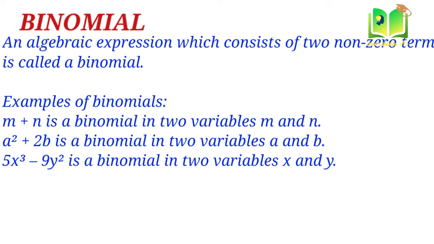See another example, 5x cube minus 9y square. It is also a binomial of two variables x and y. Why is it a binomial? Because between the terms there is one sign, either plus or minus. Because of only one operator, it is known as a binomial.